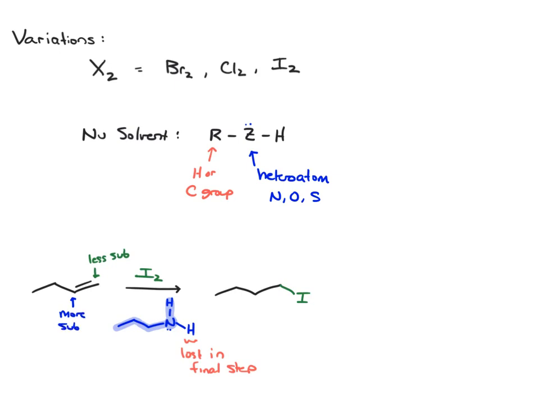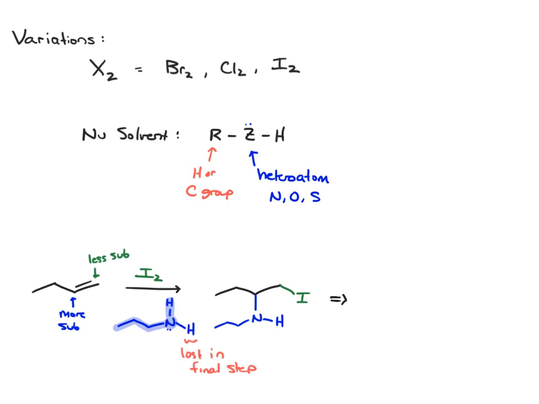What we need to draw is a bond. That bond goes to the heteroatom, the nitrogen. And that nitrogen will have the hydrogen and the 3-carbon chain, like that. Now we can deal with the stereochemistry.